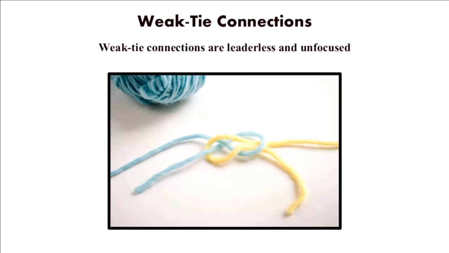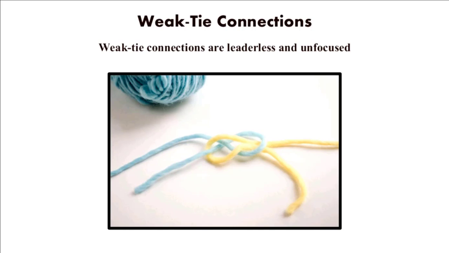For a weak tie connection, Malcolm Gladwell, the author and journalist, spoke of weak tie and strong tie connections. Weak tie connections are common in organizations that could be called organized in the loosest sense of the word.